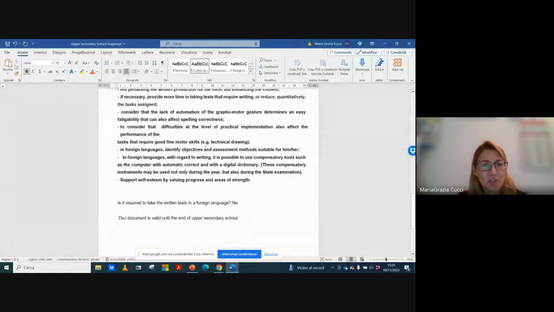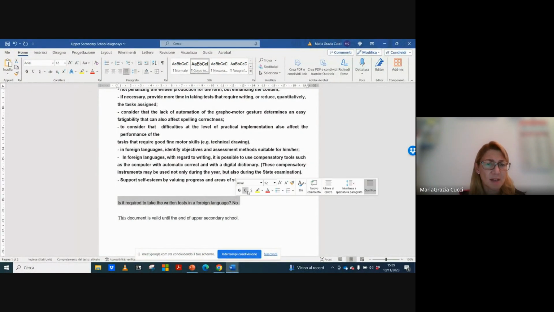In foreign languages, identify objectives and achievement assessment methods that are readable, but it is not required to take the written test. With regard to writing, it is possible to use compensatory tools such as the computer with automatic correction and with a digital dictionary.